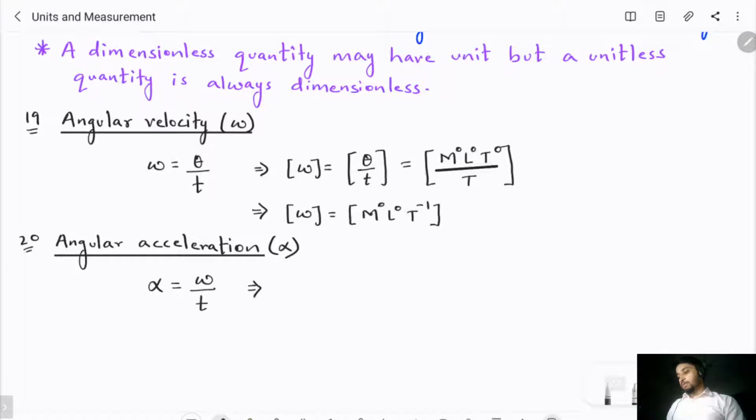So the dimensional formula for angular acceleration will be same as that of angular velocity by time.